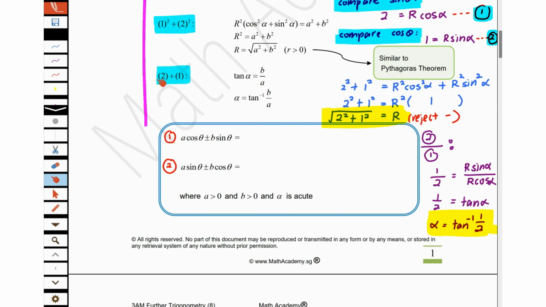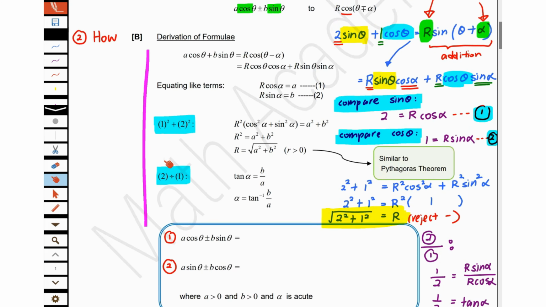If you scroll back to the earlier statement, there will always be r here. And if you observe, the r is always the square root of something squared plus something squared, as I've derived for you. These two came from the coefficient of sine, and this one came from the coefficient of cosine.